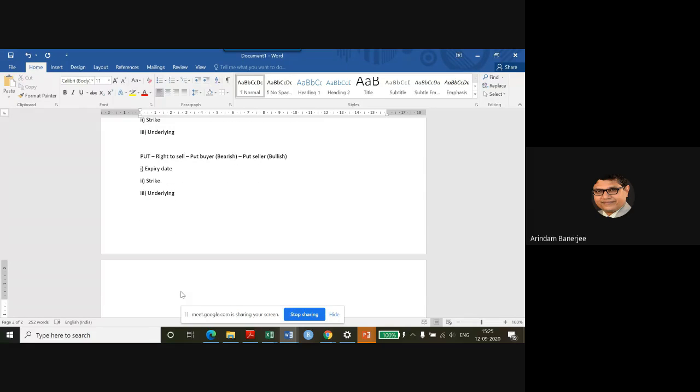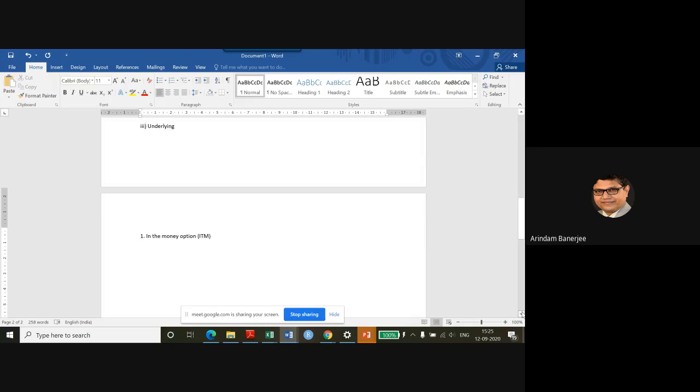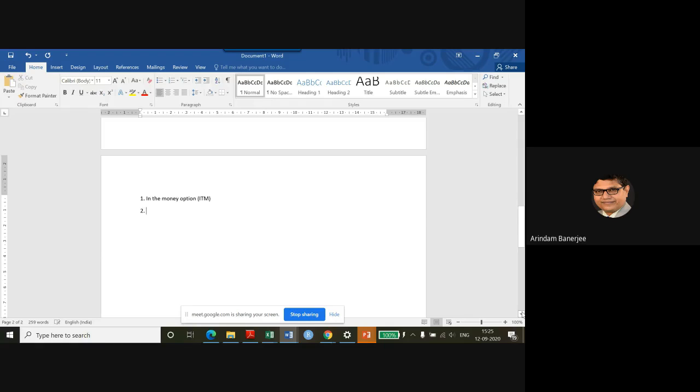So this is the first classification. The second type of classification is in the money option, also called ITM, out of the money, and ATM.